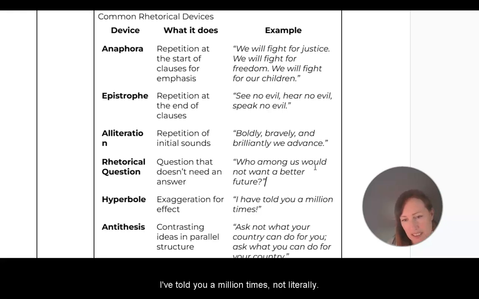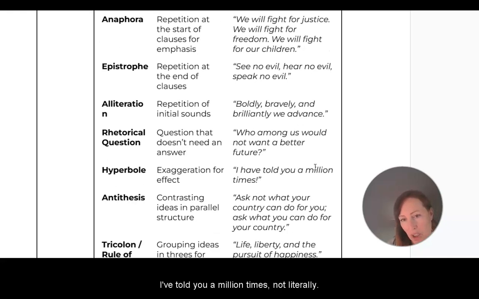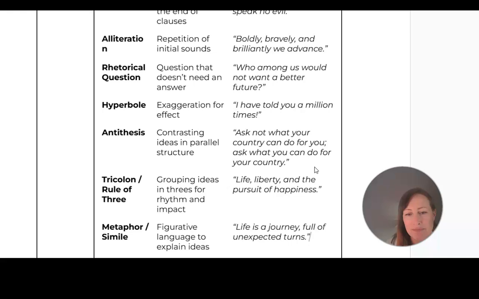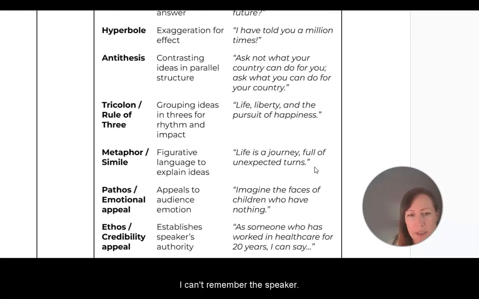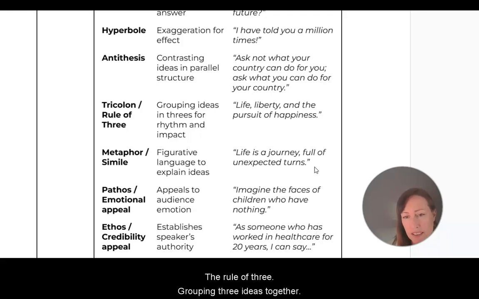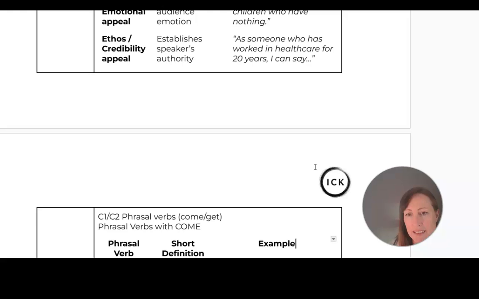Hyperbole, exaggerating: I've told you a million times, not literally. Antithesis, contrasting ideas: ask not what your country can do for you, ask what you can do for your country. That's quite a famous expression. Can't remember the speaker. The rule of three, grouping three ideas together: life, liberty, and the pursuit of happiness.